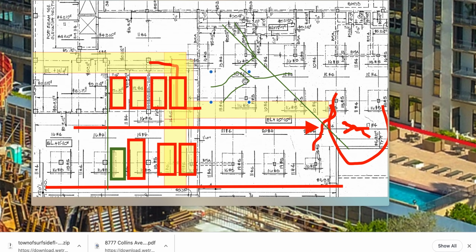Actually, that would be more like this. Kind of hard to make this mouse cooperate with me. So it'll be more like that, and it fractures right here at that column we see, right there, and it drops down.